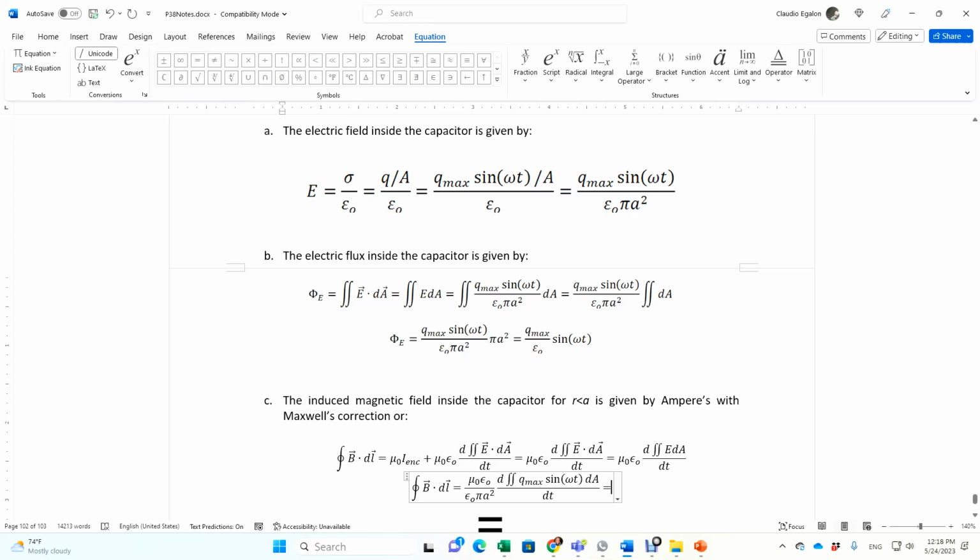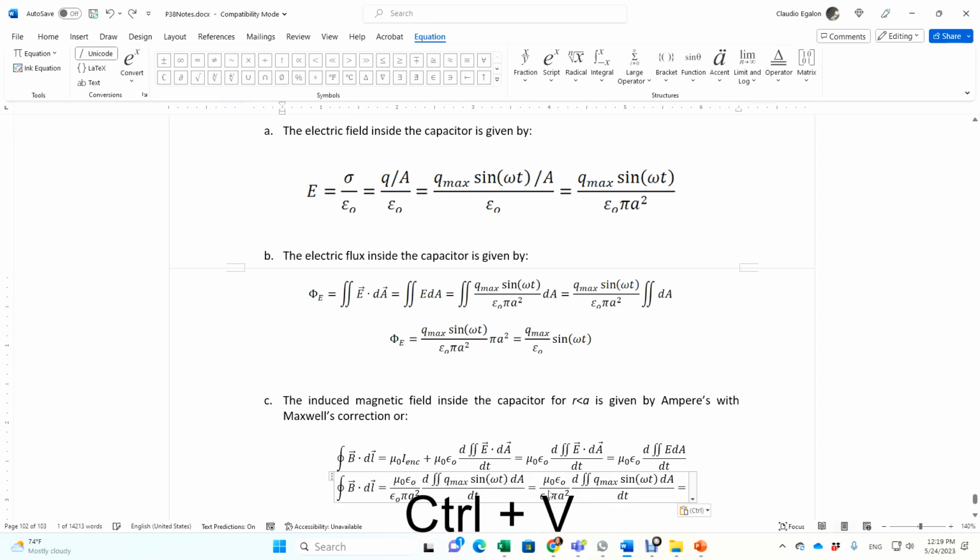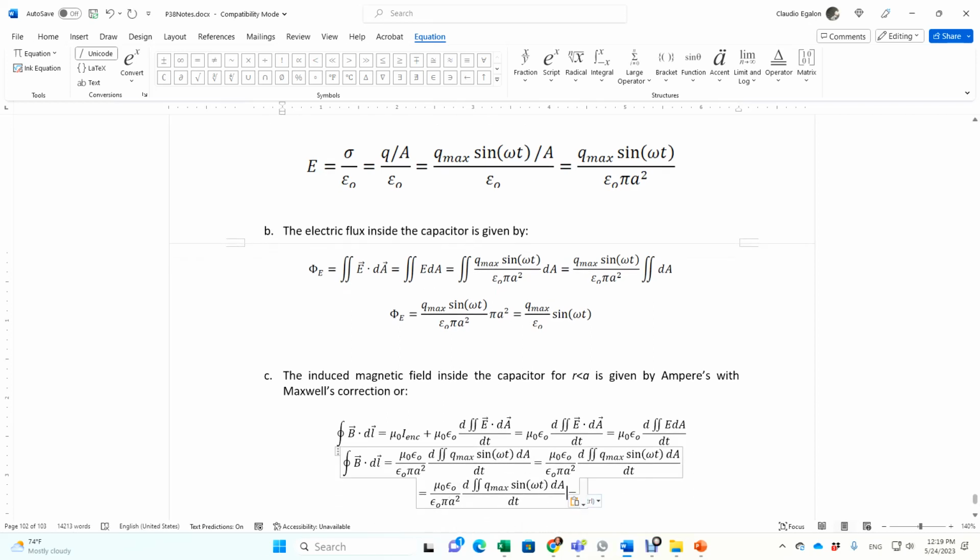This requires us to take out the Q max from here. Q max is a constant. I'll put it right in here. But also I'm going to start canceling some things, right? Epsilon naught here is going to cancel as well.